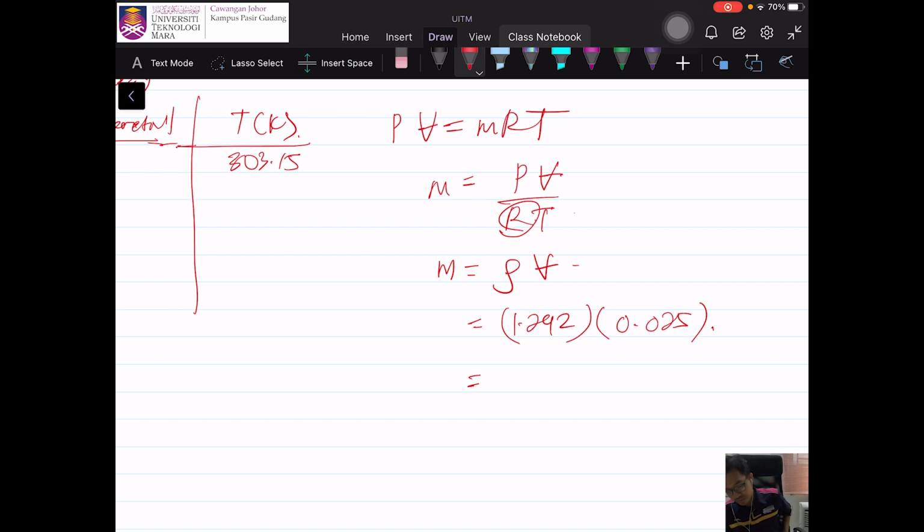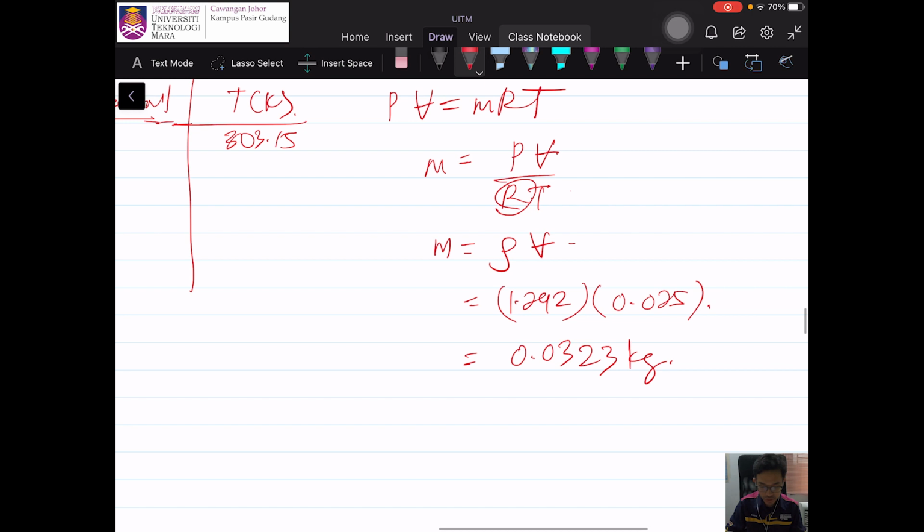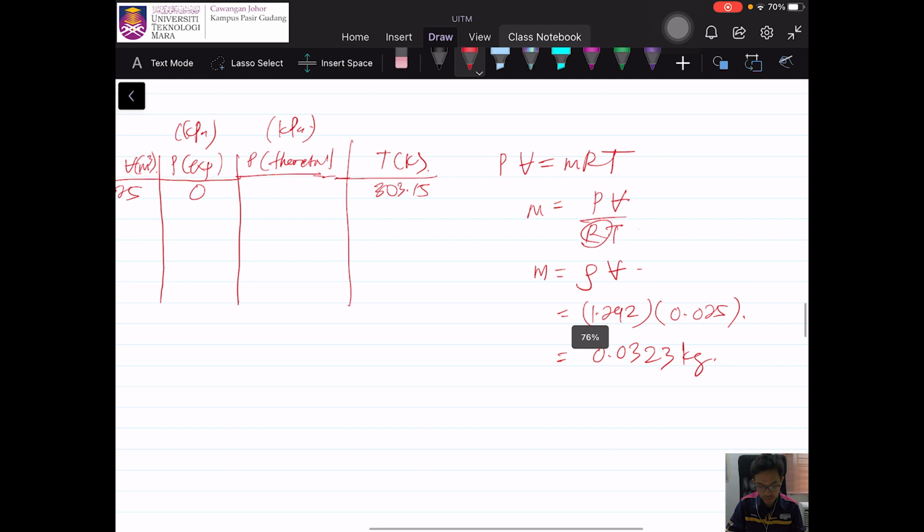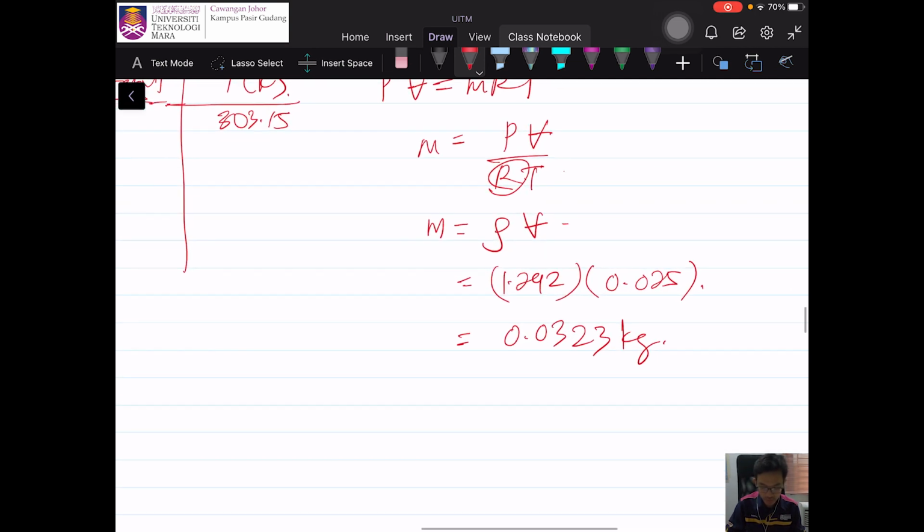Let me bring my calculator first. So what value should you get? 1.292 times 0.0025. So you get here 0.00323 kilogram. Using this equation, you can find the theoretical value of your pressure, PV equal to mRT.